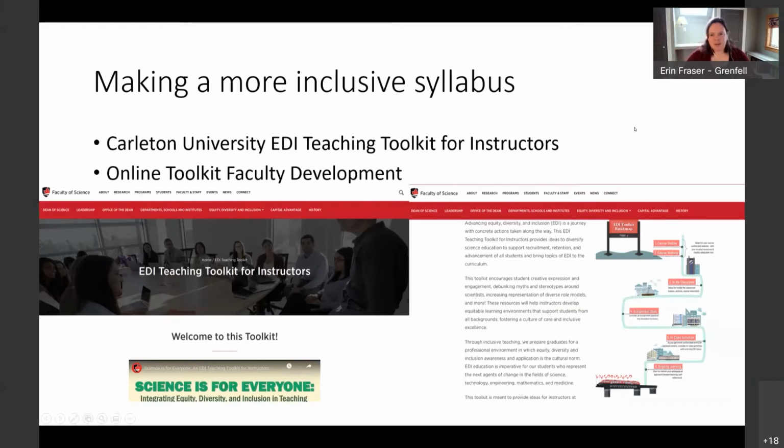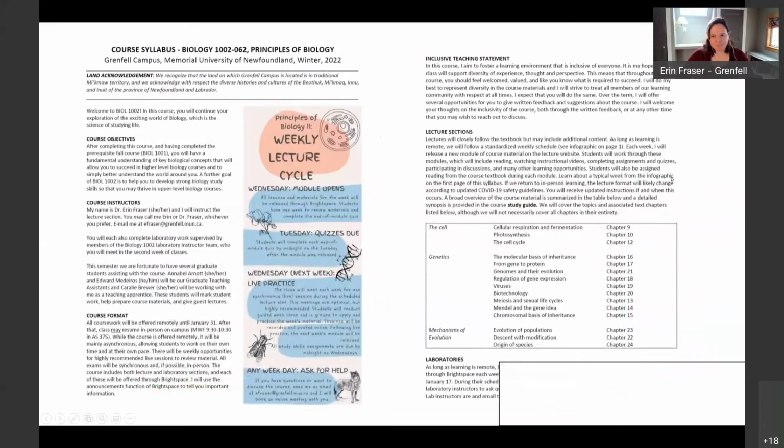And also I've done some programming with the online toolkit faculty development company that also provided some really great suggestions. So just to give you an idea of some of the things that we learned from these resources and were able to incorporate, this is the first couple of pages from our course syllabus, and some changes that I made from previous iterations of this syllabus. We have our land acknowledgement absolutely at the beginning of the syllabus, so we can really highlight how important that is.